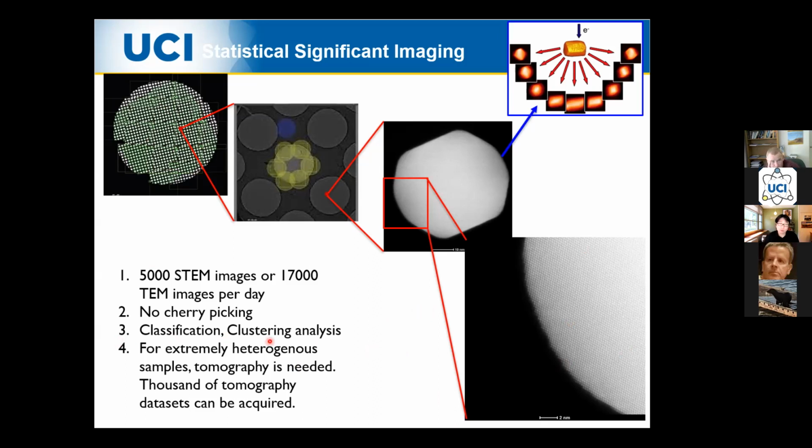However, to do that, you need classification and clustering analysis and all that, because to sample a 3 by 3 millimeter area at a pixel size of 0.1 angstrom, you can calculate how long it would actually take to finish.